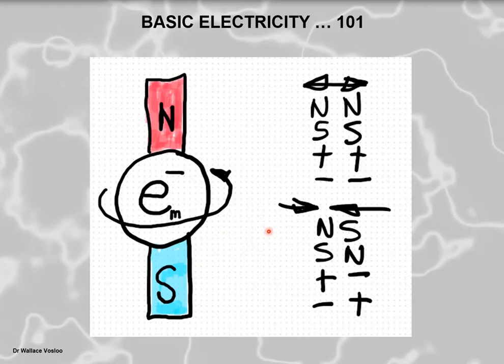The problem is that they never tell you that the electron has got spin, and that the electron has got a north pole and a south pole. Now, when you put these electrons freely into a conductor, they repel one another, okay? But then they turn and they actually form little north, south, north, south field lines.